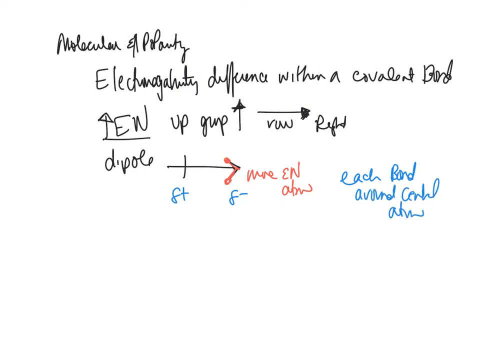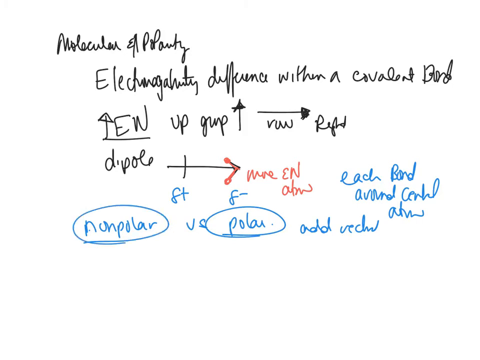And then what you do for the compound, to decide whether it's nonpolar versus polar, is you add up all the vectors. And if it has an overall vector, then it's going to be polar. If it has none, then it's nonpolar as a molecule. So it says, identify the polar molecules in the following group. So we have HBr.